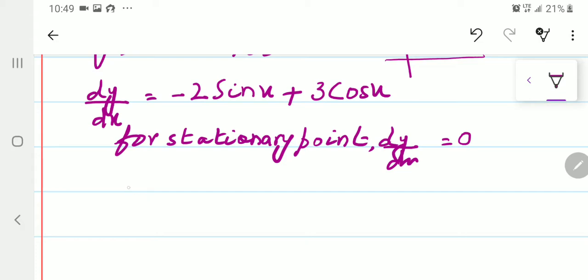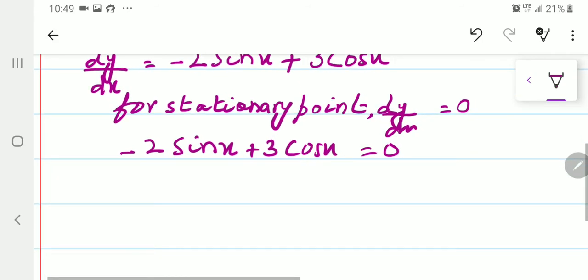So I am taking this minus 2 sin x plus 3 cos x equals 0, or you can say I am substituting 0 in place of dy upon dx.